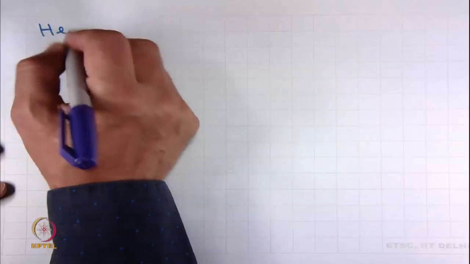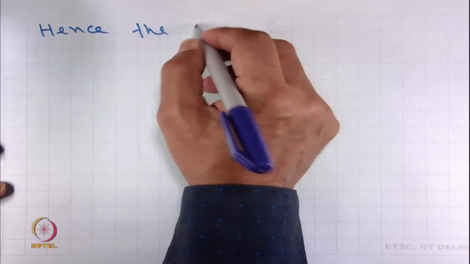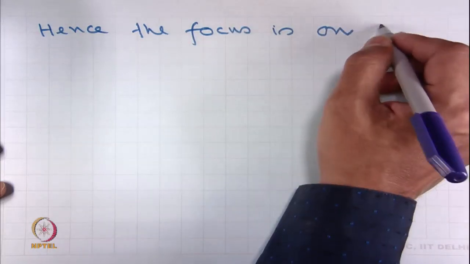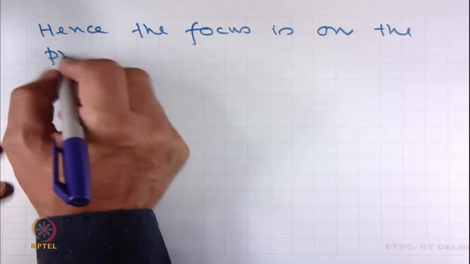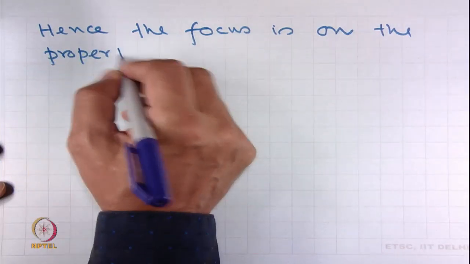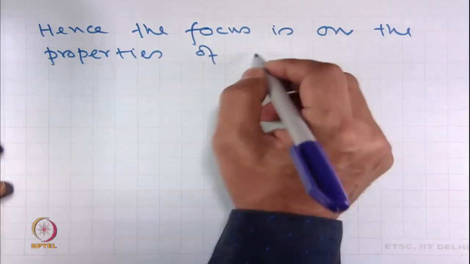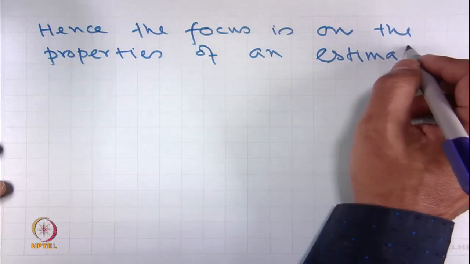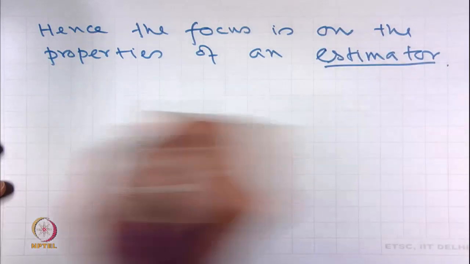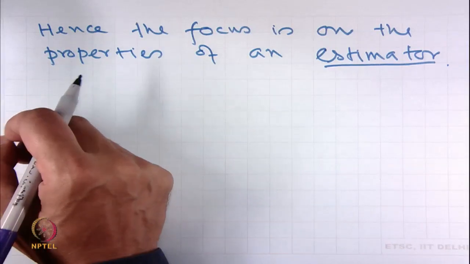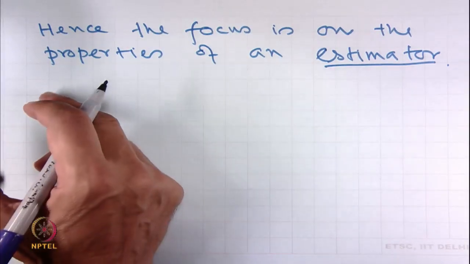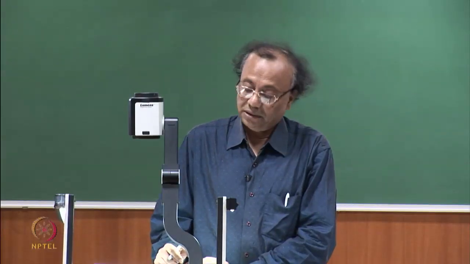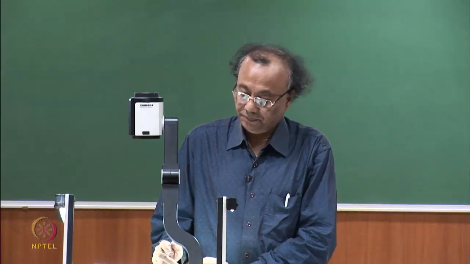Hence, the focus is on the properties of an estimator. So, if an estimator satisfies those properties, then we consider it to be better suited for our purpose.